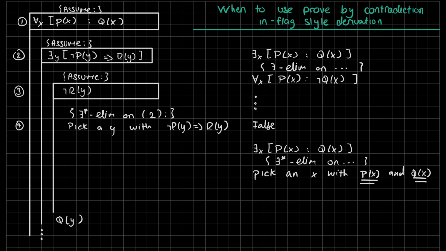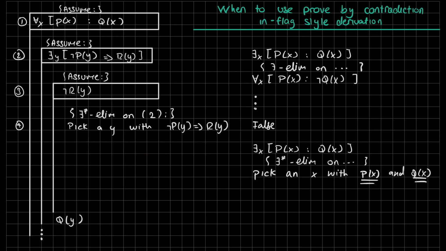But then let's look at the goal again. We want to prove that Q of y holds. And let's see where we have Q of y here. Well, we have Q of y in this for all quantifier. And right now we can't get rid of the for all quantifier because to get rid of it, we would have to have something in the domain first, which is P of x. And nowhere in our proof do we have P of x.